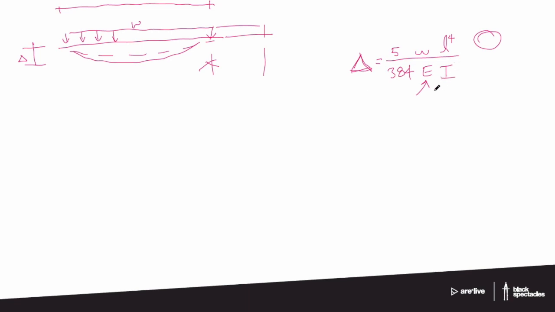Or the I, that thing we were just talking about, the moment of inertia, which is about the shape. So the E is about the material, the I is about the shape, right?